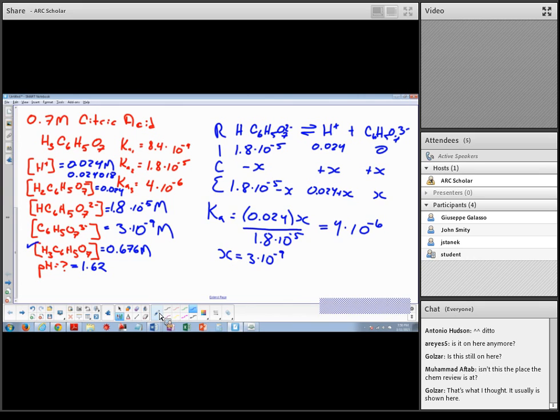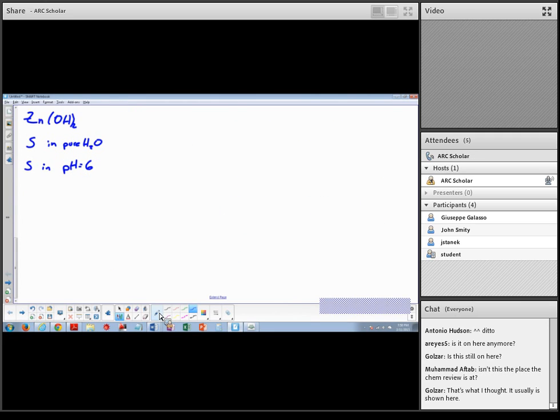So first of all, KSP. What's going to be the formula we're worried about here? What's my chemical equation? What's happening here? What's the SP stand for? I heard someone say it. The solubility product. Okay, so basically we're talking about how much of the zinc hydroxide breaks up and goes into the solution. So that's our equation.